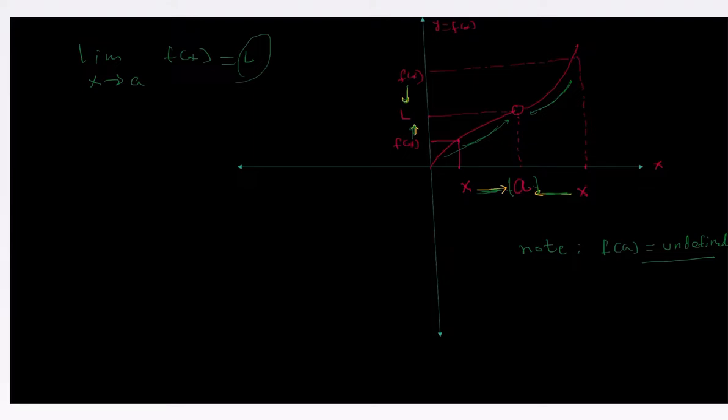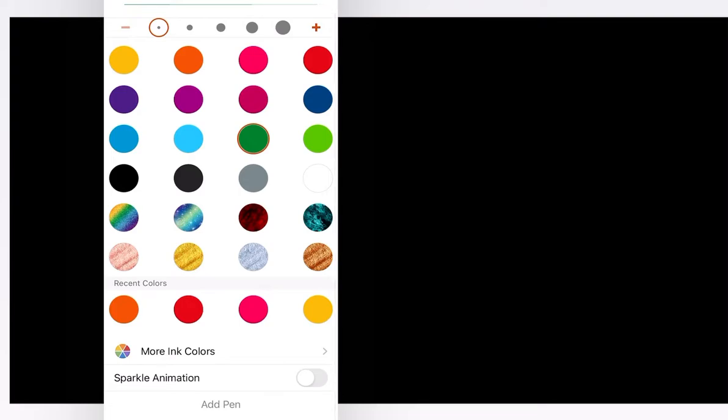Let me make up an example for you. Let's say we have the limit as x approaches 0 of x squared plus 2x divided by x.